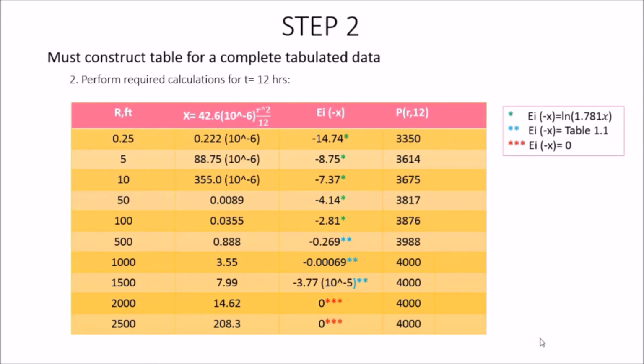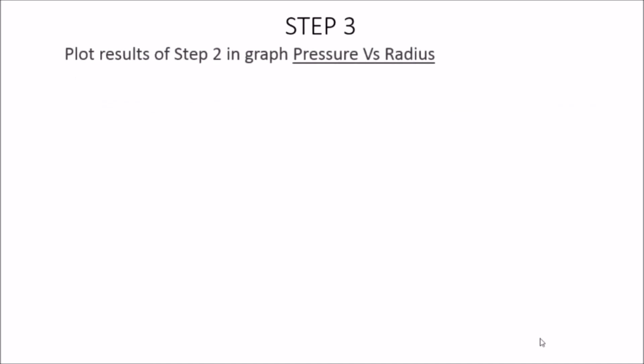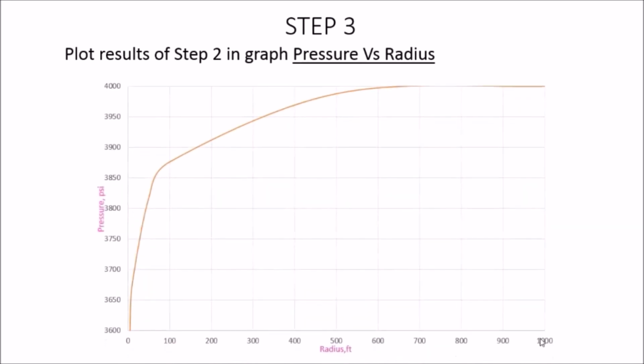For example, this one is at t equal to 12 hours. So we have all the pressures at t equal to 12 hours and the respective radii given by the question. After that, based on the table, we plot a graph of pressure versus radius. So that's all from us.